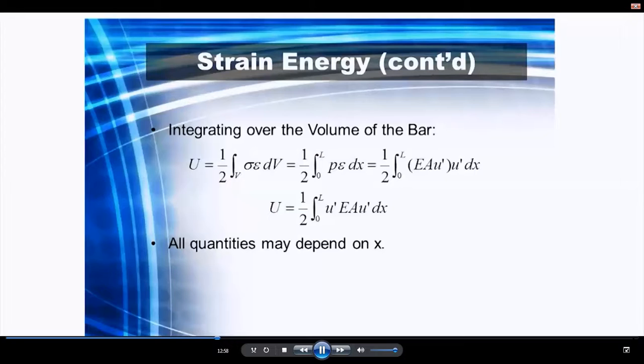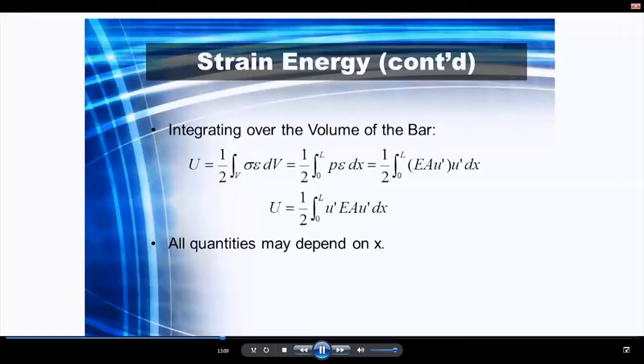You can note that rigidity is most of the time constant and can be taken out of the integral. However, as we are treating the general case, E and A can be functions of x.